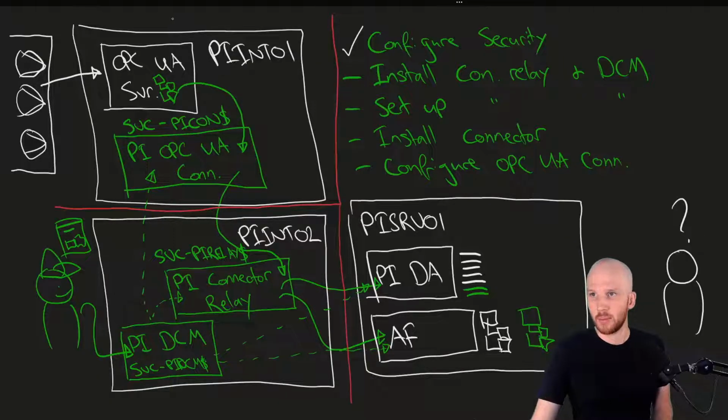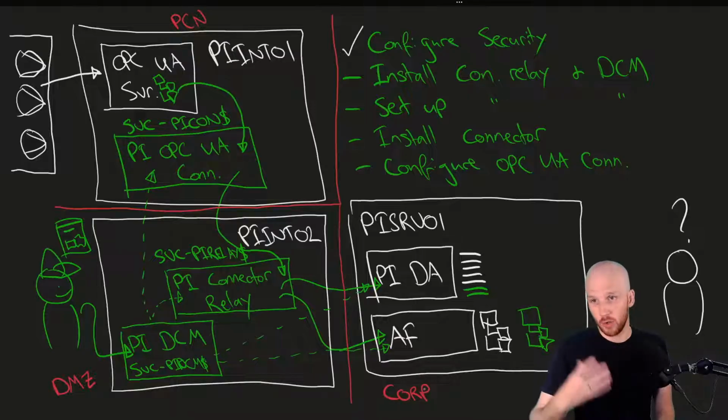So maybe you have the process control network up here with your control system and the connector itself. Down here, you might have a DMZ, a demilitarized zone, between the PCN and the corporate network, which would be over here. Where all your users are and your PyData archive and asset framework are.